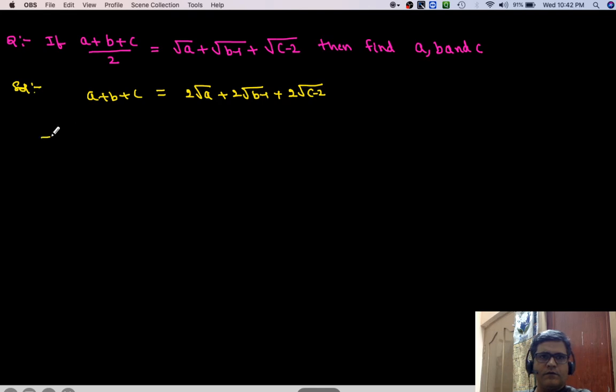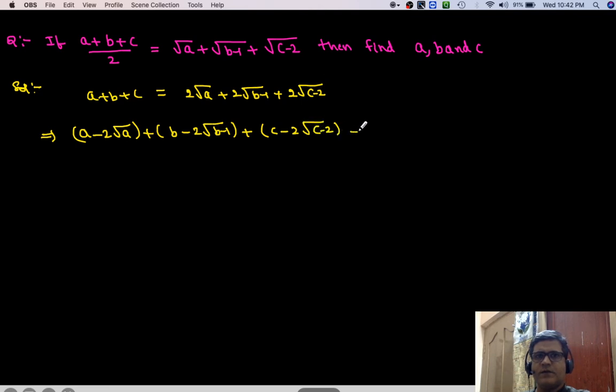Now in the next step, this is equal to: take this side, that is a − 2√a, similarly b − 2√(b−1) plus c − 2√(c−2) is equal to 0.